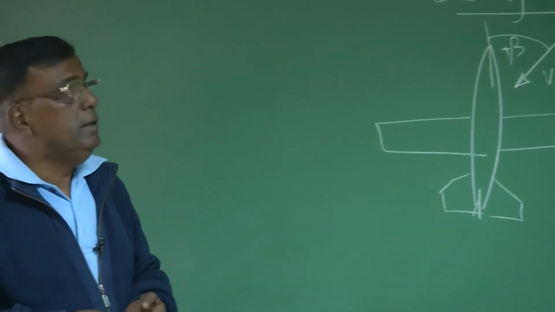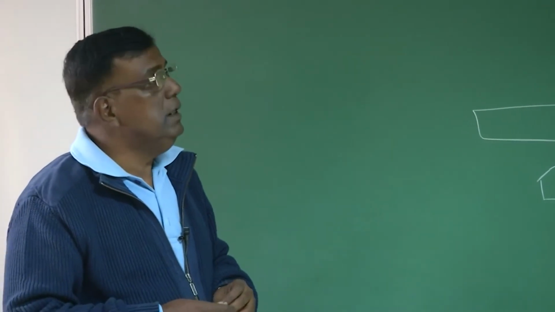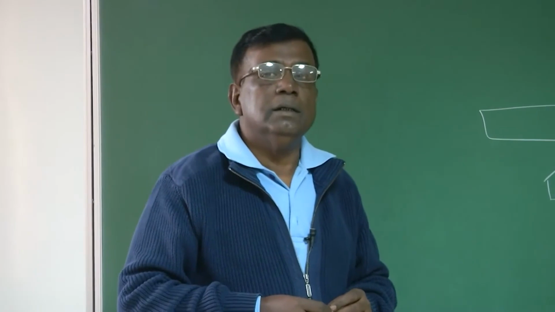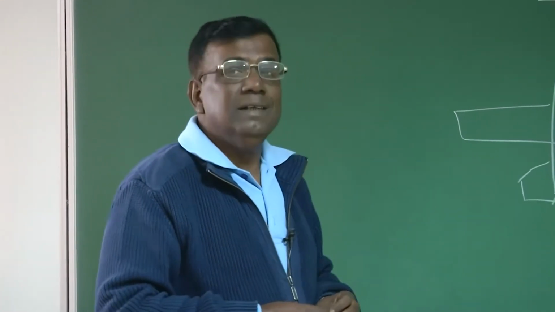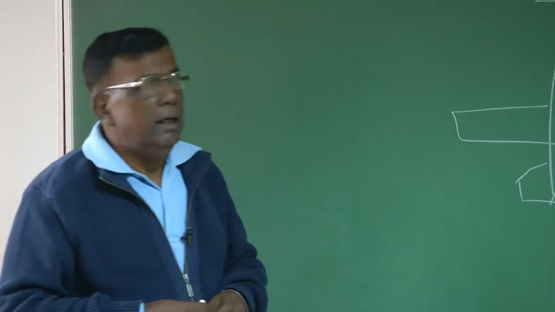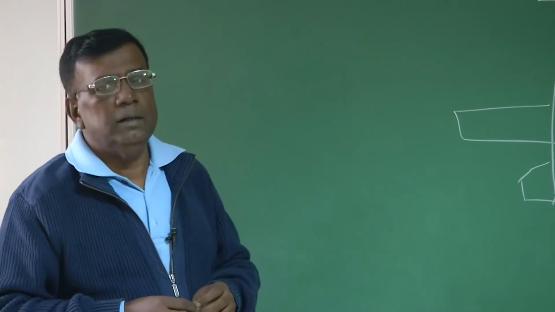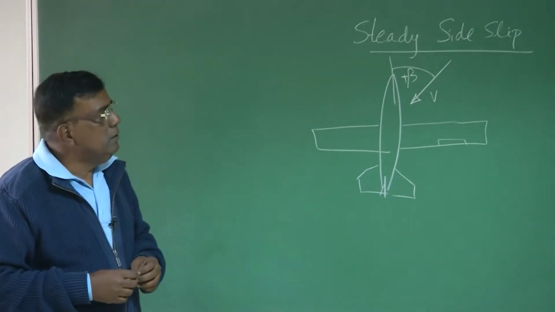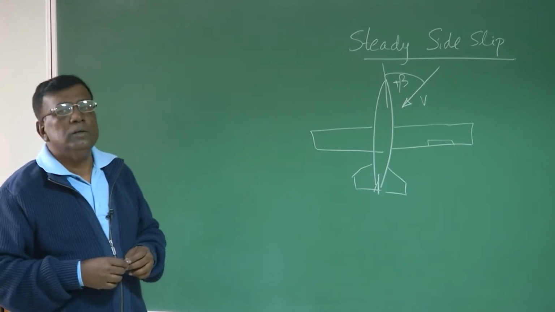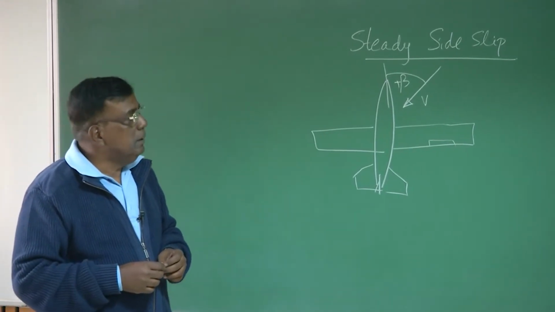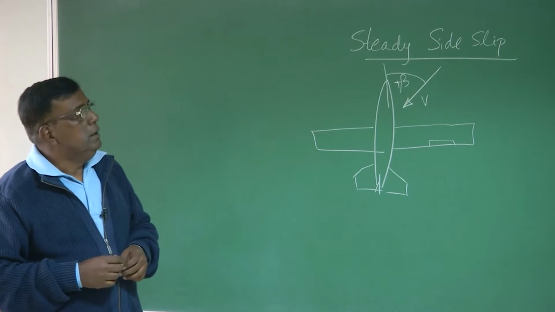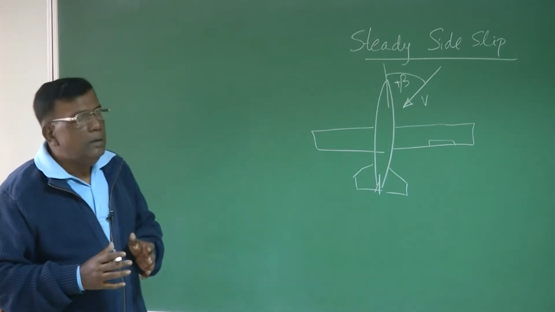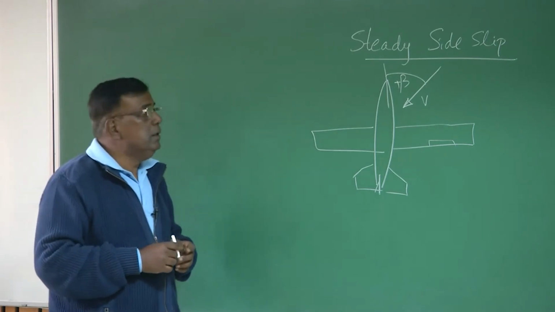We have also seen that I can use the steady side slip maneuver to estimate some aerodynamic parameters, especially C and beta, and you can estimate a few other parameters as well by doing experiments, using some subset of the data. The basic philosophy in this course is to educate you on how to conduct an experiment, how to think.